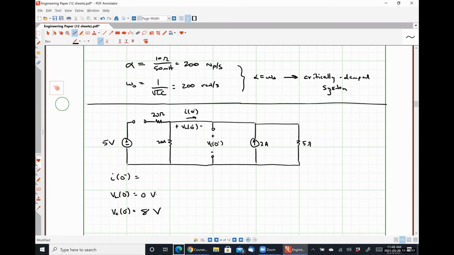So we have 8 volts divided by 20 ohms. So that is 4 over 10, so 0.4, and the current is flowing into the negative polarity terminal of the resistor. So we should have negative 0.4 amps, I believe.